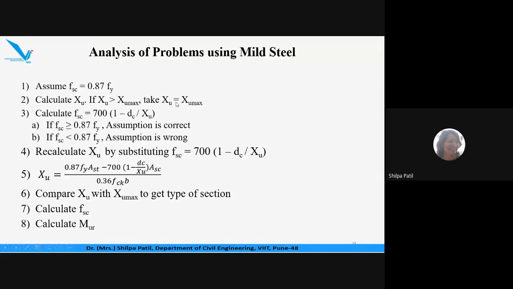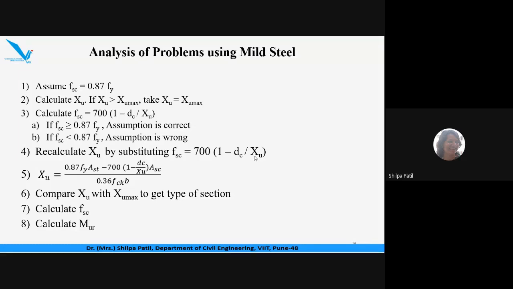The first step is that we have to assume the fsc value. Why assume? Let me explain. Consider the fsc expression: 700 into bracket 1 minus dc upon xu. This expression contains the xu term. Initially we don't know the depth of neutral axis, and finding xu is the first step in our problem solution.